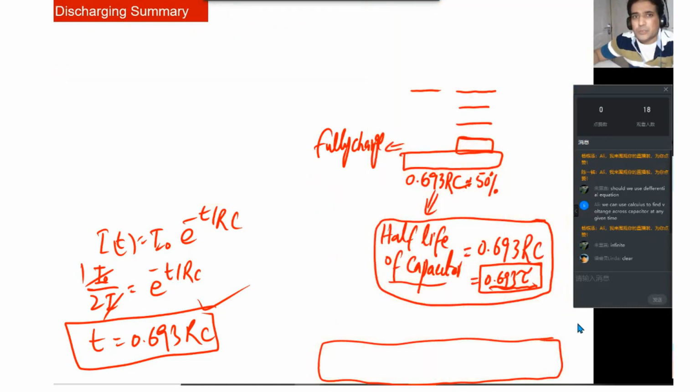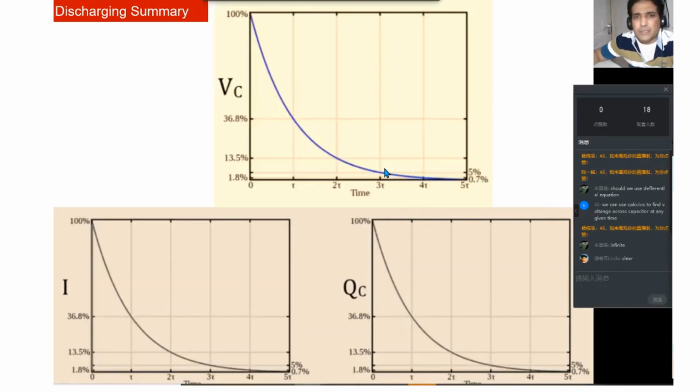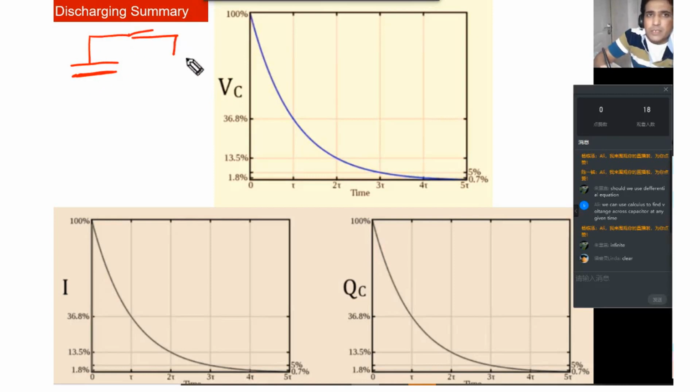Okay, so let's go to the next one. A little bit of discussion about discharging. So here you can see discharging. Now you see all these graphs, they are similar. It means when a capacitor is discharging, for example, we have a capacitor here, and let's say this capacitor is fully charged, and we have one switch here, and here we have a light bulb, or a resistor.